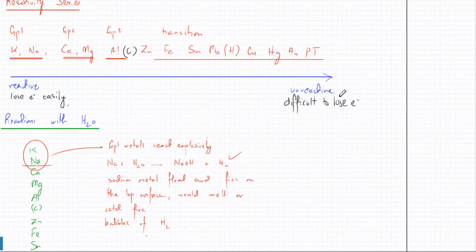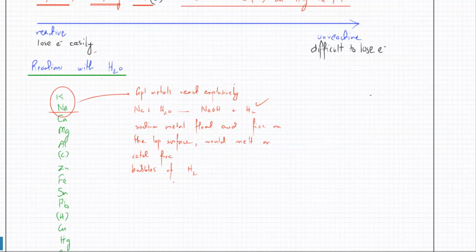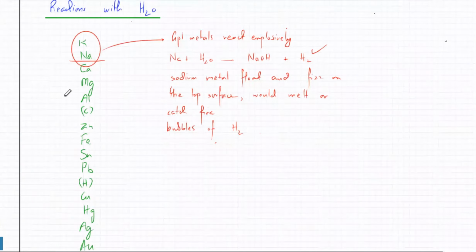And the first part of the reactivity series was that we started discussing the reactions with water. We did the first part, which was that the group 1 metals, they react explosively.